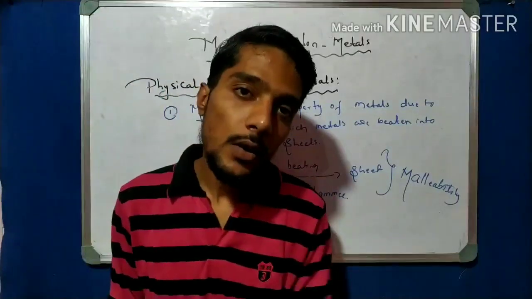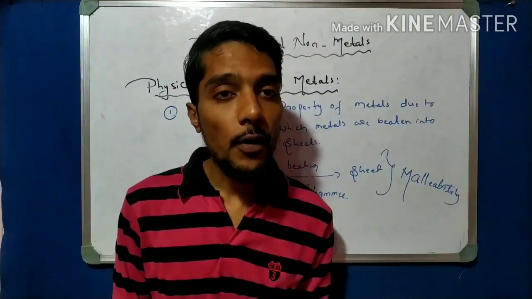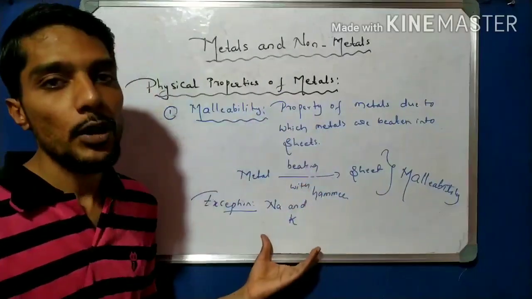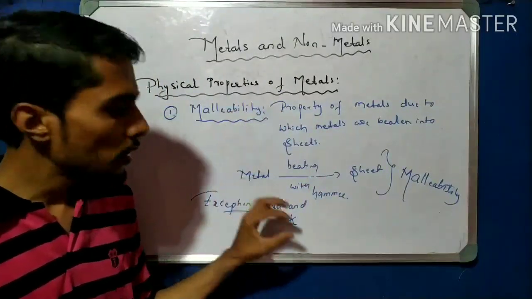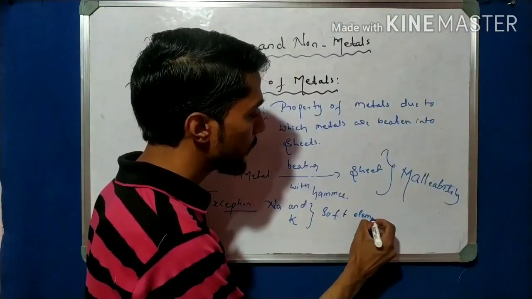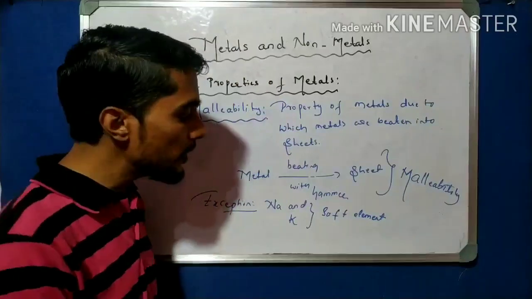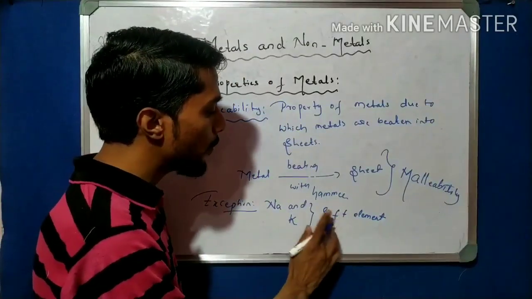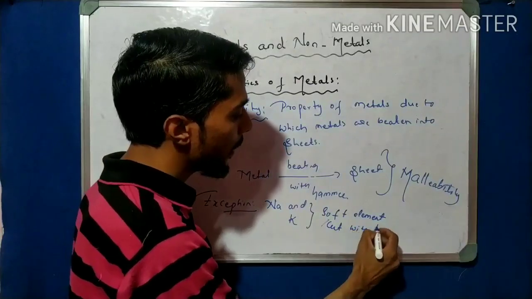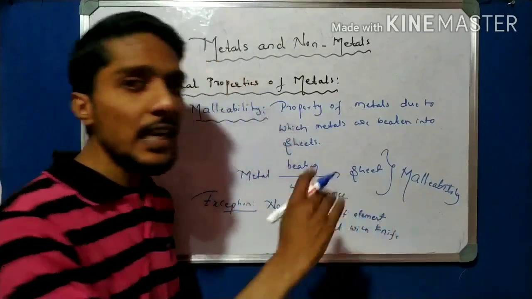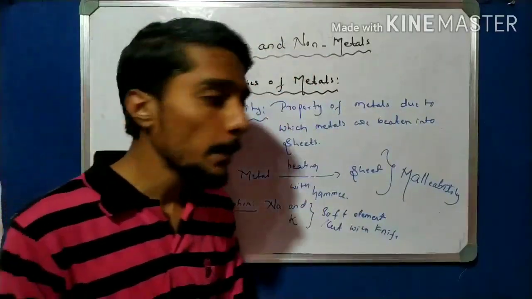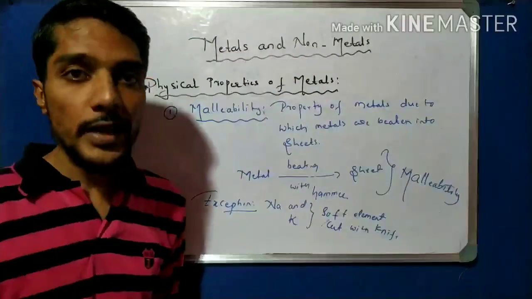If they ask which element does not follow malleability, it is sodium and potassium, because they are soft elements that can be easily cut with a knife. That is why they do not follow this property.